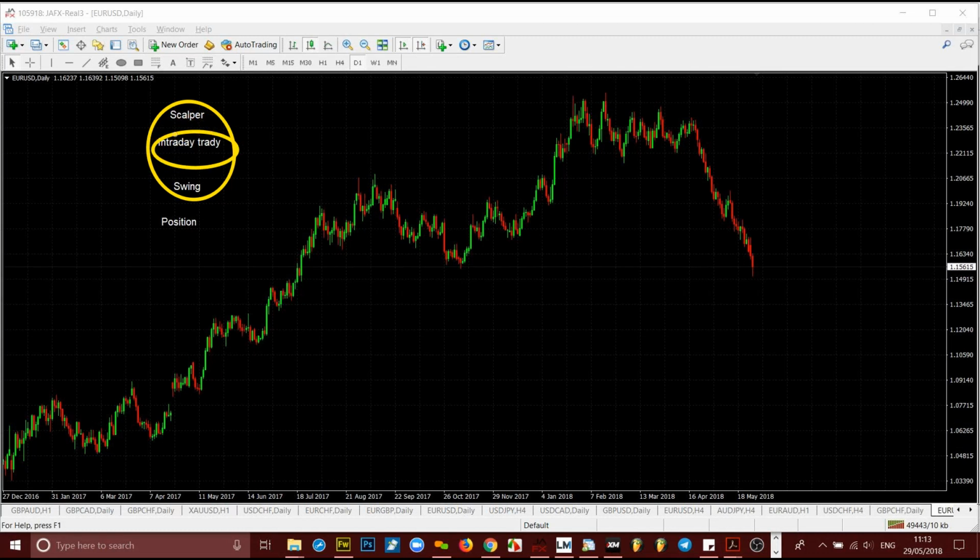You need to be really good at scalping to be able to do it. But we encourage new traders to be intraday traders. Just take your profit, whatever it is, even if you're in loss. Cut your losses and get out of the market, because when you stay till the next day, brokers charge you to hold that position till the next day. But that's a story for another day.